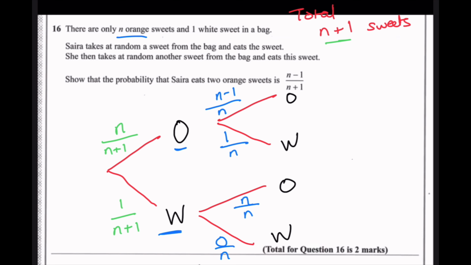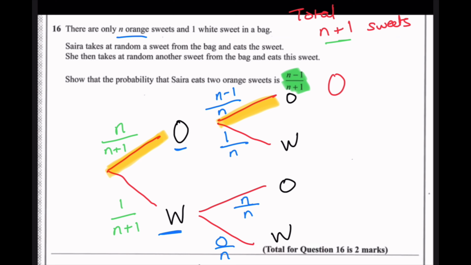The question states, show that the probability she eats 2 orange sweets is this. Well, if she has 2 orange sweets, I need to follow this route. Orange first and orange second. And the rules of probability are, if I have 1 event and another event, I multiply.